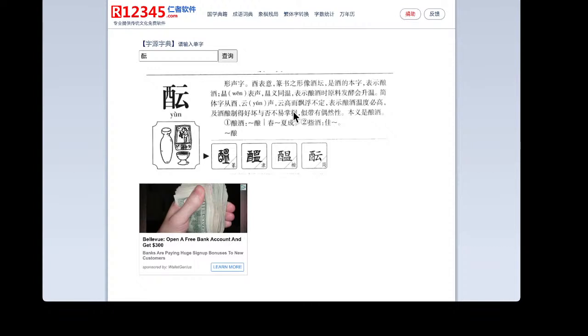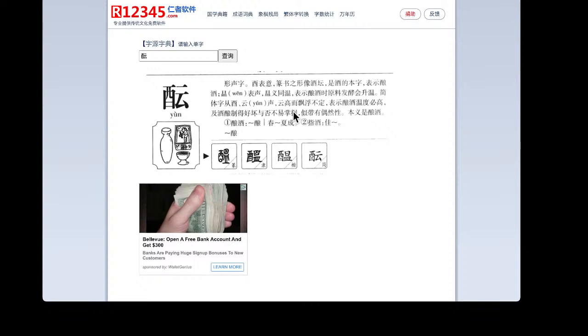Now, the simplified version uses the character of yun. Yun means cloud. Now, how do you remember this?